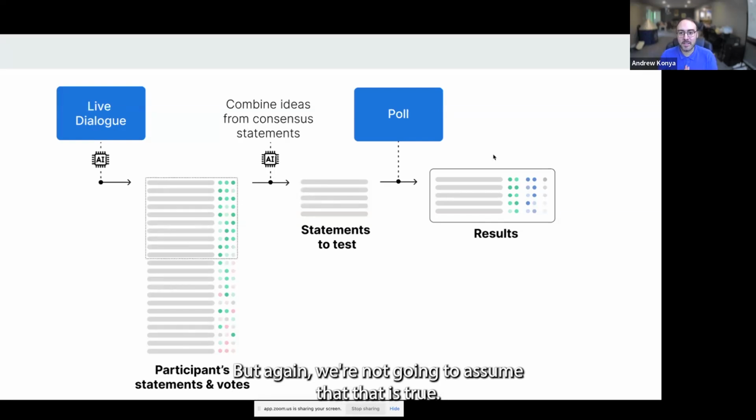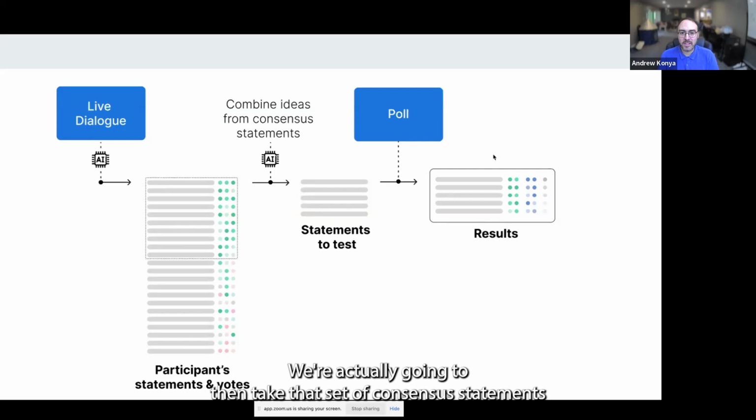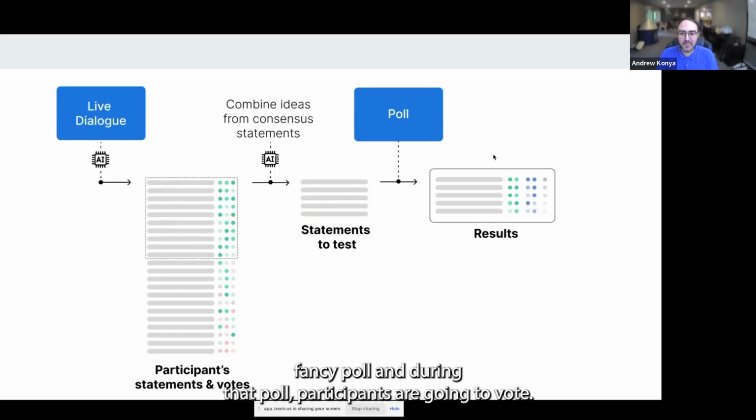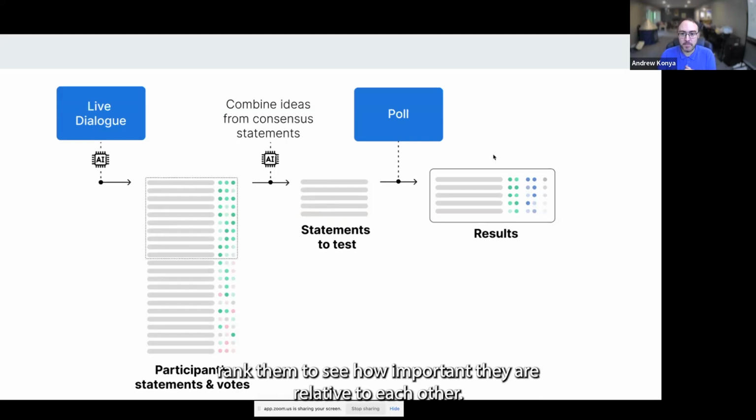But again, we're not going to assume that is true. We take that set of consensus statements and run it through a no-frills, no-AI, nothing fancy poll. During that poll, participants vote on how much they agree with these statements, and then rank them to see how important they are relative to each other.